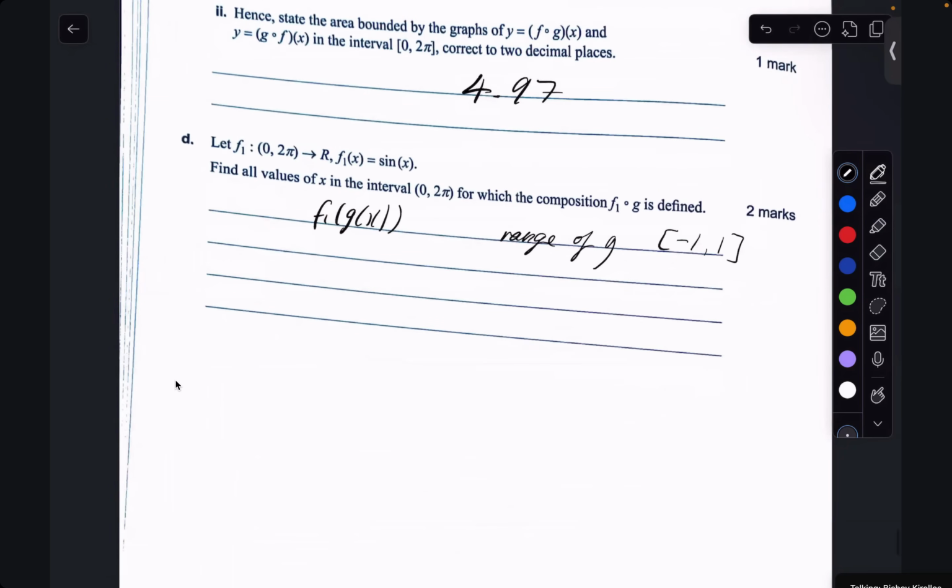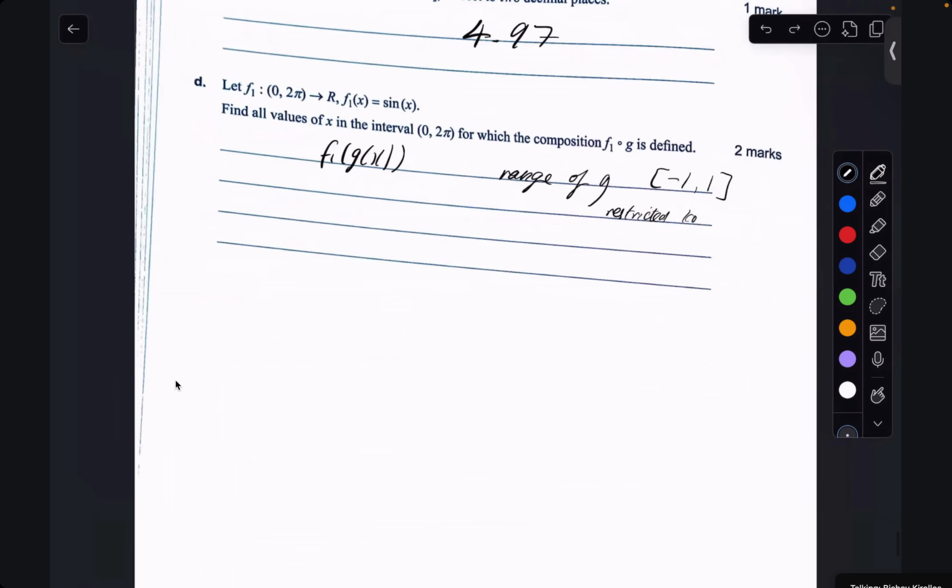That needs to be restricted to the domain of this, which would actually be 0 to 1. 0 is not included, 1 is included because 0 is not included here, but 2 pi is bigger than 1, so 1 is fine.